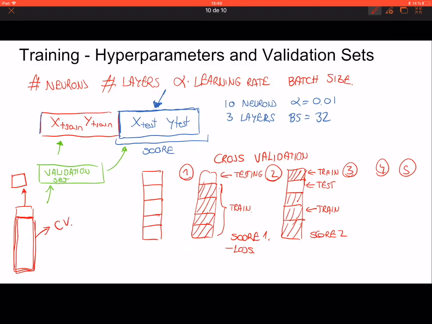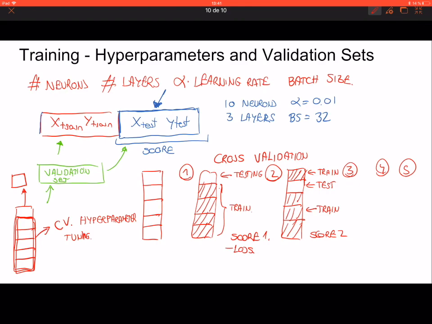So they split, say, in 5 parts the train set to do cross-validation and hyperparameter tuning. So they use cross-validation for hyperparameter tuning. Another way would be to basically have 2 nested loops. In the outer loop, you do cross-validation for reporting the test error, and in the inner loop, you do cross-validation to do hyperparameter tuning.